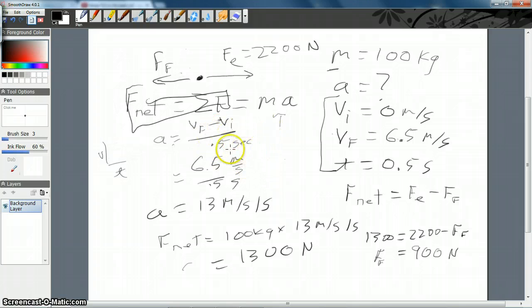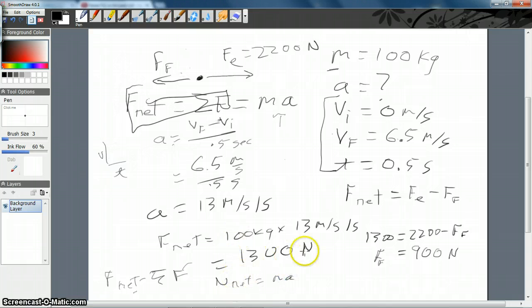So if you like the idea of the guess method, where you just find an equation and plug it in, you can almost look at this as three different equations. Your F net equals sum of all forces. F net equals MA.